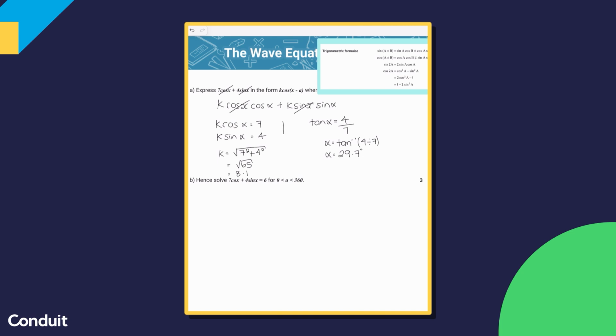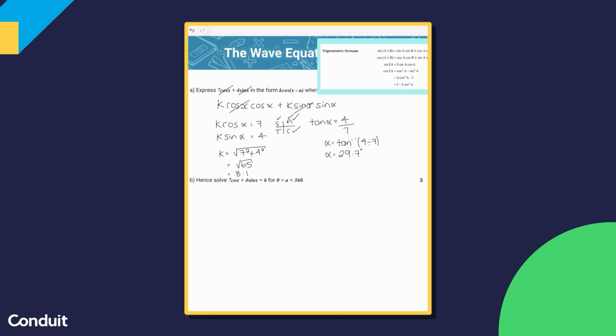We have to go back to our cos and our sine and look at our CAST diagram. Cos was positive 7, and cos is positive where they're all positive and where cos is positive. Sine was positive 4, so it was positive again where they're all positive and where sine was positive.